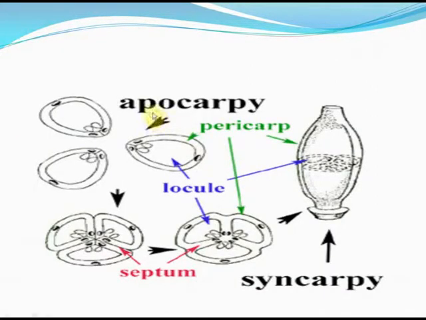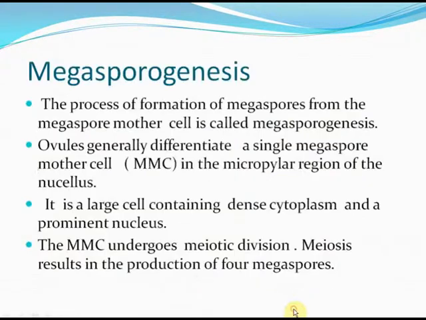Here we can see the conditions of apocarpy and syncarpy. The process of formation of megaspores from the megaspore mother cell is called megasporogenesis. Ovules generally differentiate a single megaspore mother cell, abbreviated as MMC, in the micropyle region of the nucellus.